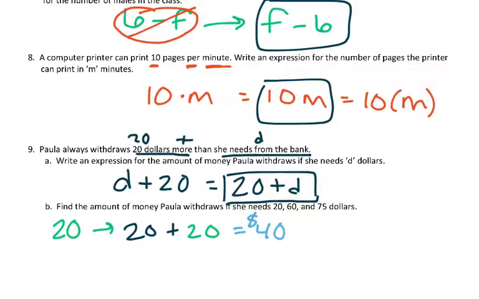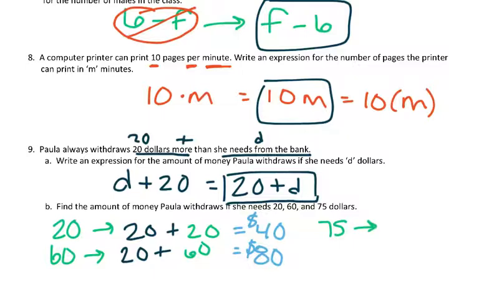If she tries to withdraw $60, she's going to end up actually withdrawing 20 plus 60, so $80. If she tries to take out $75, she's actually going to end up with 20 plus the original 75 that she said she would take, and so there's going to be $95 that she will take out.